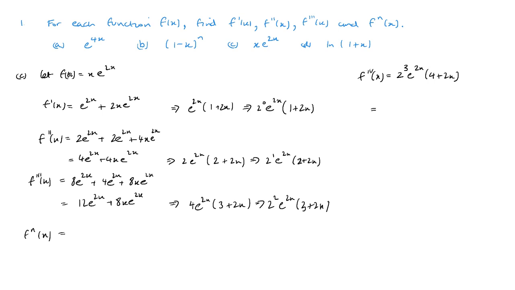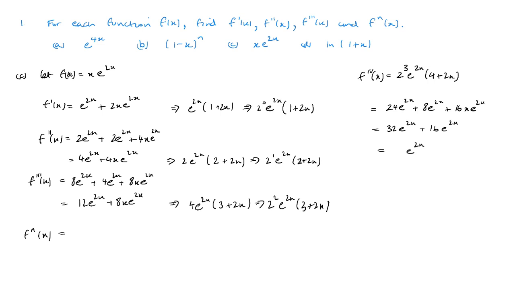Okay, so differentiating it, we've got 24e to the 2x plus 8e to the 2x plus 16x e to the 2x, which is 32e to the 2x plus 16x e to the 2x.